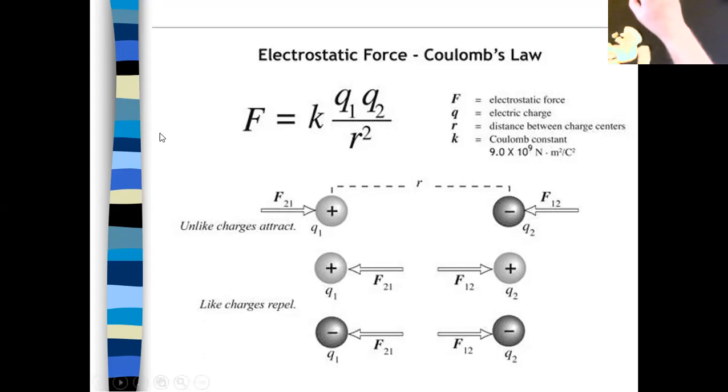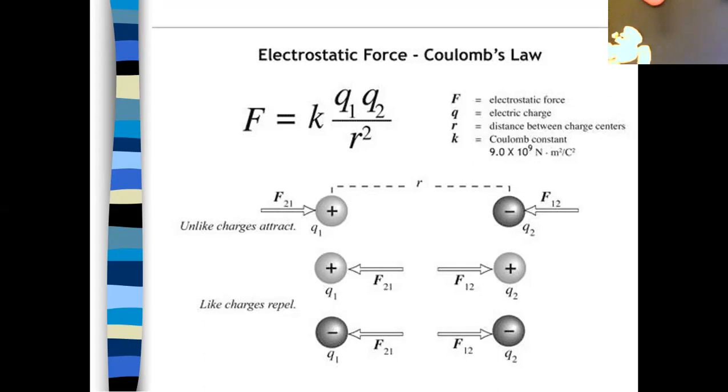What does that force depend on? Well, it depends on two basic things, arguably three, but let's say two. One is the charges involved. So Q1 and Q2, those are the charges on the two things that are repelling or attracting. Q1 is the charge on one object, Q2 is the charge on the other object.